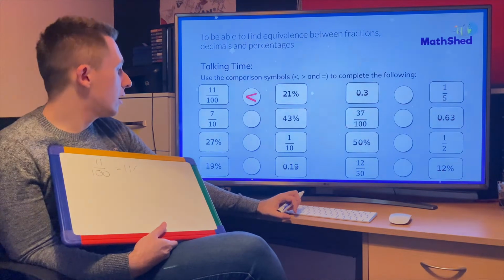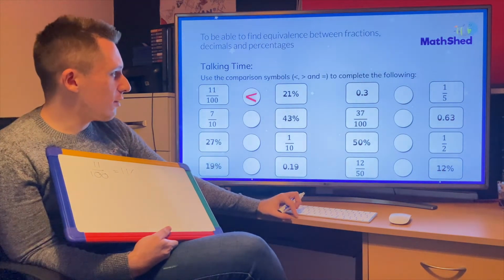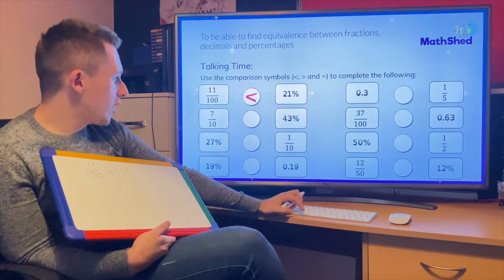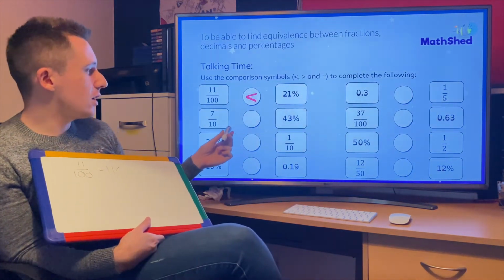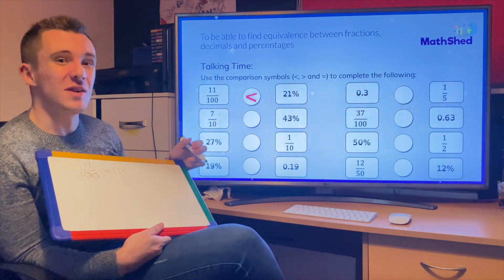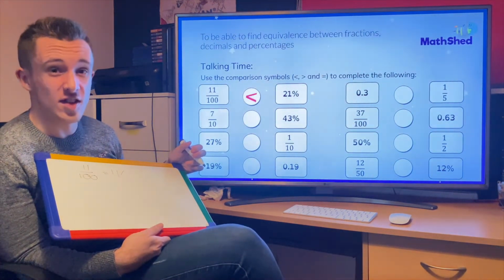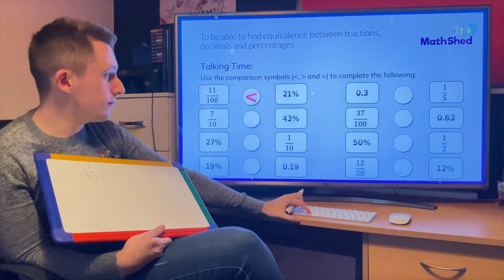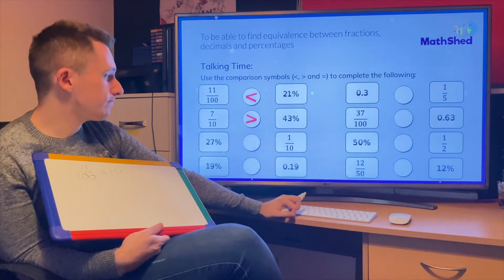Okay. Now I'm just going to have a look through, see if there are any on here that I think are particularly challenging before you have a go. So the next one is 7 over 10. Well, 7 over 10, because it's over 10, would be 70%, because it's the same as 70 over 100. Well, 70 is bigger than 43, so it would face that way.